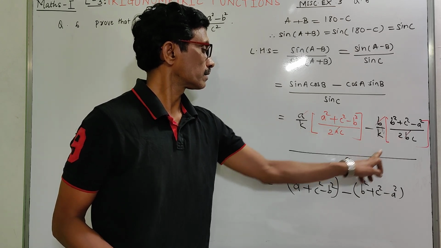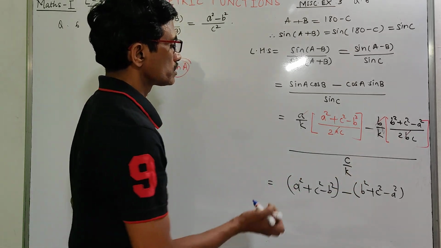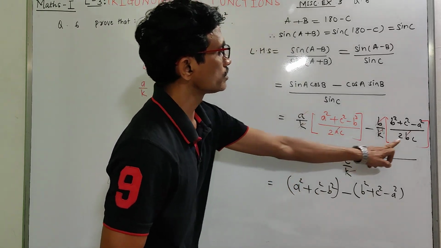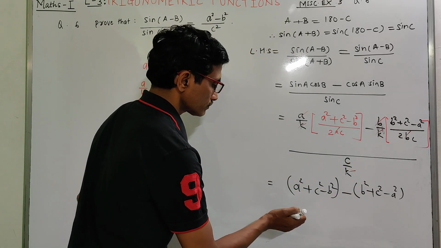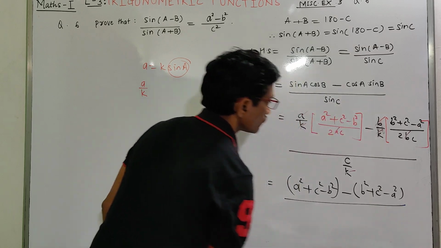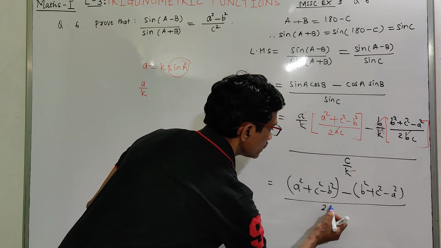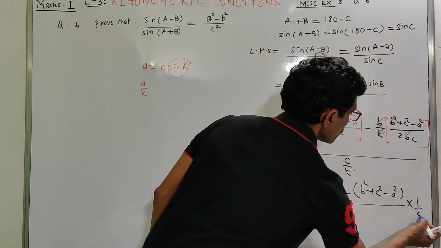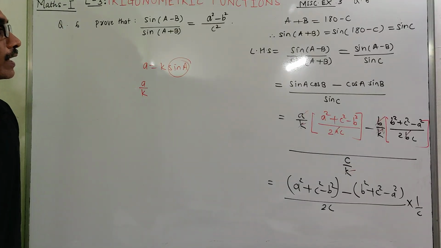This 2c and this denominator is again 2c, and this c in the denominator, which is 2c square.